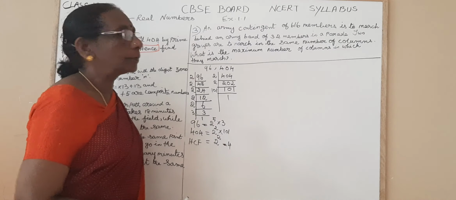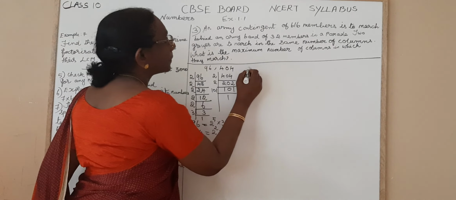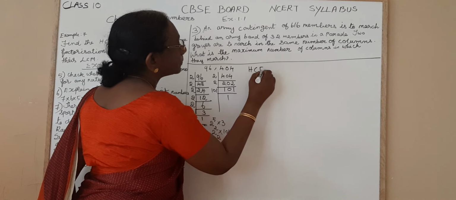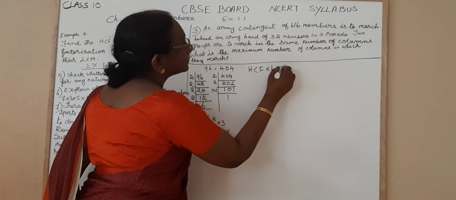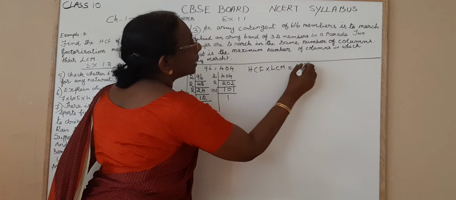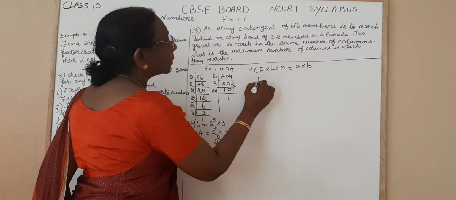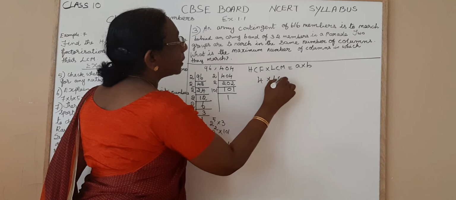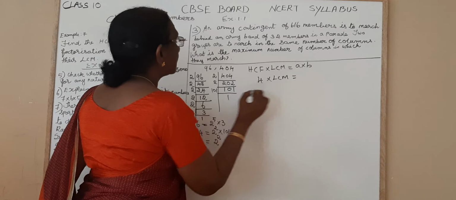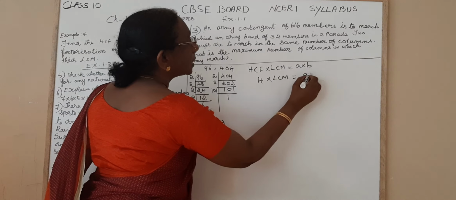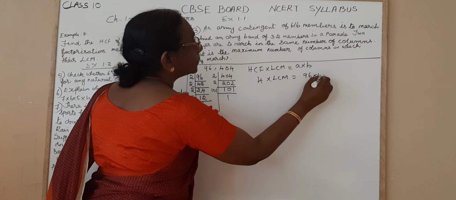Now let us apply the formula. What is the formula? HCF into LCM is equal to A into B. What is the HCF? 4. LCM you have to find is equal to, what are the numbers? 96 into 404.